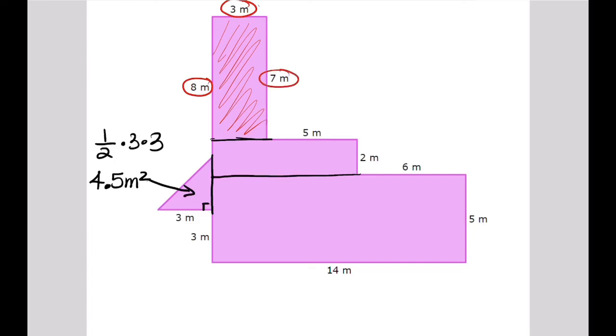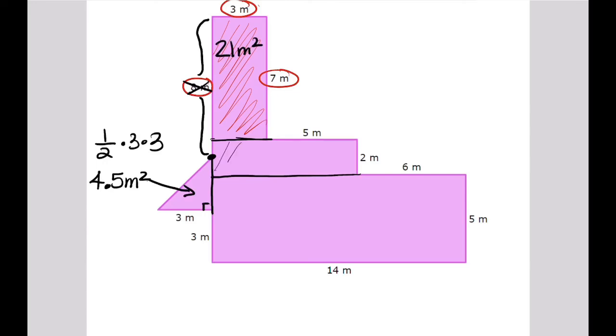What do you think we should do? Well, 8 represents the height from here to right about where that triangle is, at the top of that triangle. So that is not the true height of that rectangle. So we're going to use 7. 8 is going to be a number that we're going to throw out. So that's going to be 21 square meters when we find the area of that.